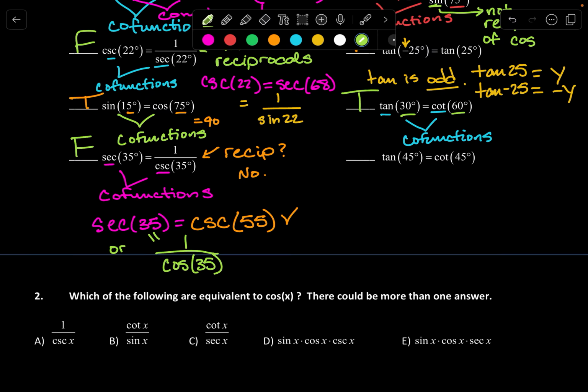And then lastly, tan and cotan. They are cofunctions. And this one at first might catch you off guard. 45 and 45, you're like, cofunctions, but it's the same number, so they're wrong. However, 45 and 45 are complements, so this is actually true.